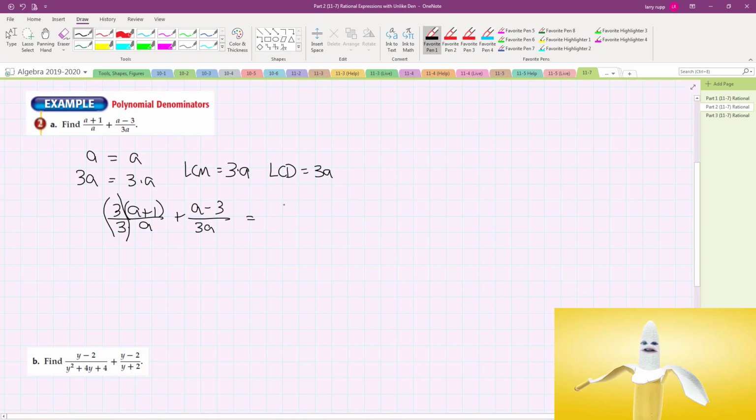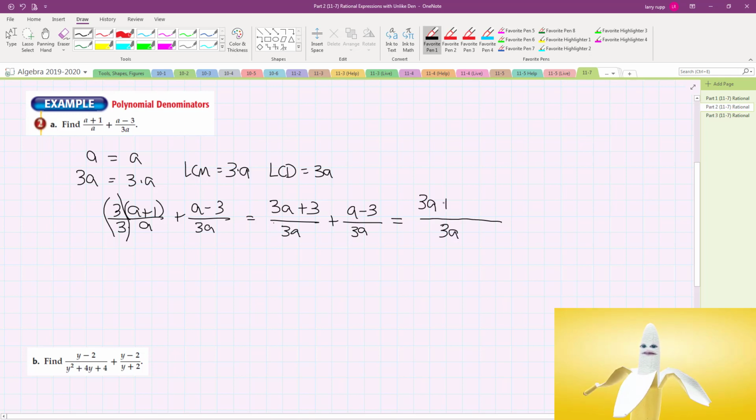So this becomes, we distribute the 3 through here, and we have 3a plus 3 over 3a plus a minus 3 over 3a. Now I'm doing this in excruciating step detail. Now we write the whole thing over the common denominator 3a. So you have 3a plus 3 plus a minus 3.